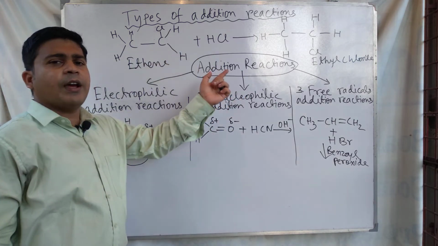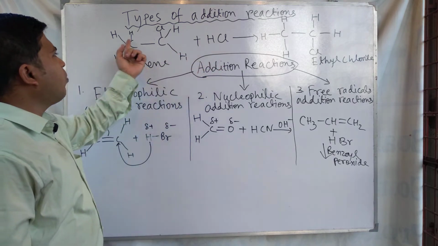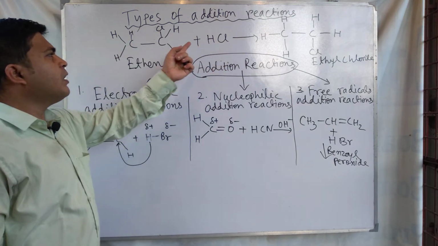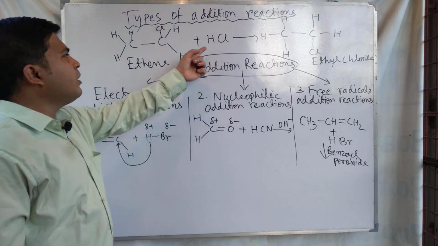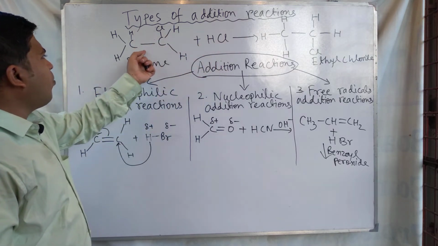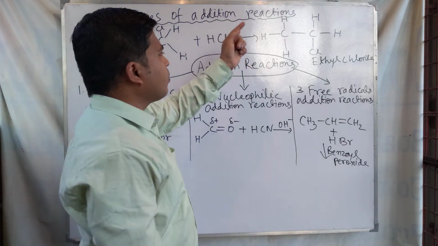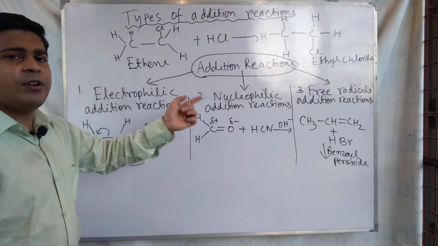In this addition reaction, the reactant molecule combines with the reagent, here HCl, the attacking reagent combines with the reactant and the product forms. So this is called the addition reaction.